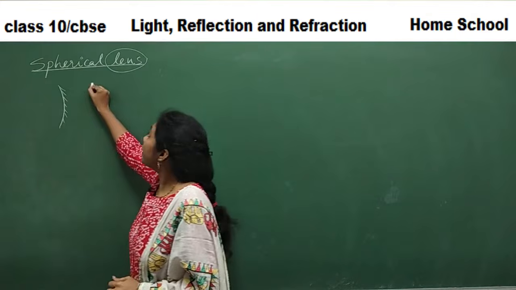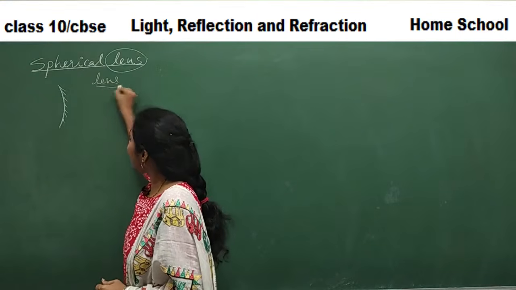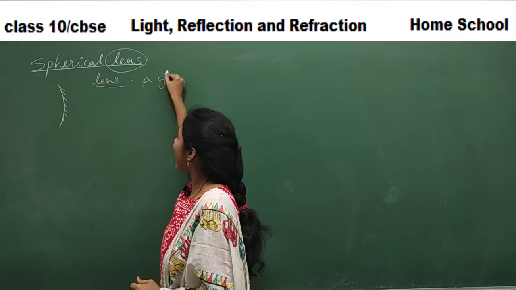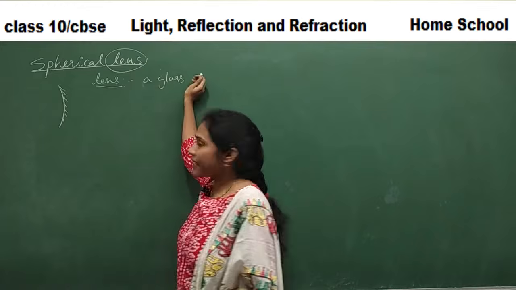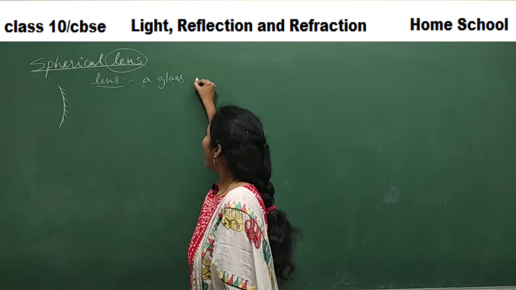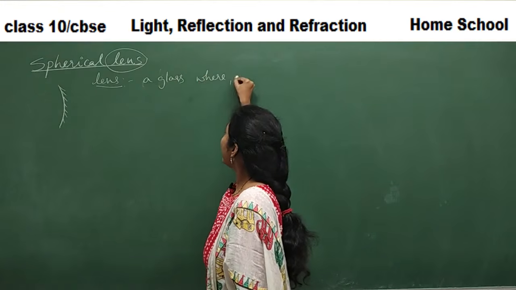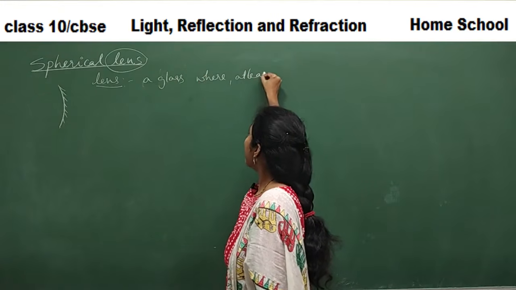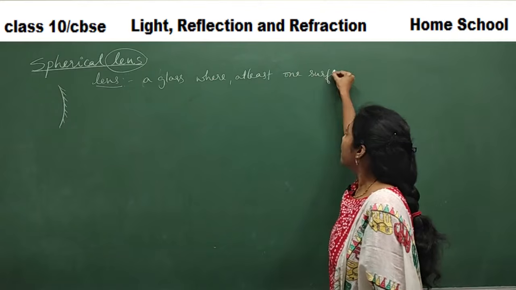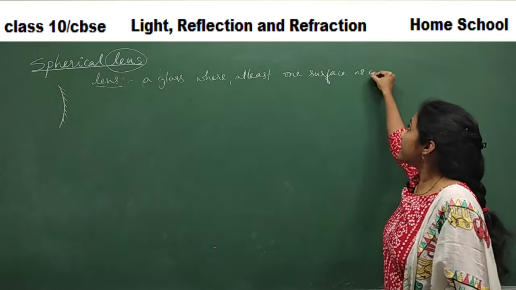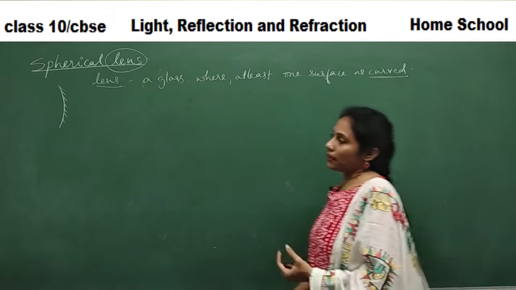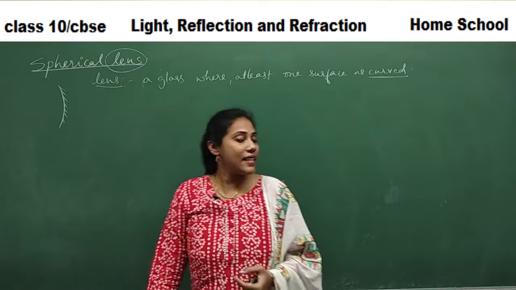So I am giving you a definition for lens. What is a lens? A lens is made of glass where at least one surface is curved. Such materials are called lenses.